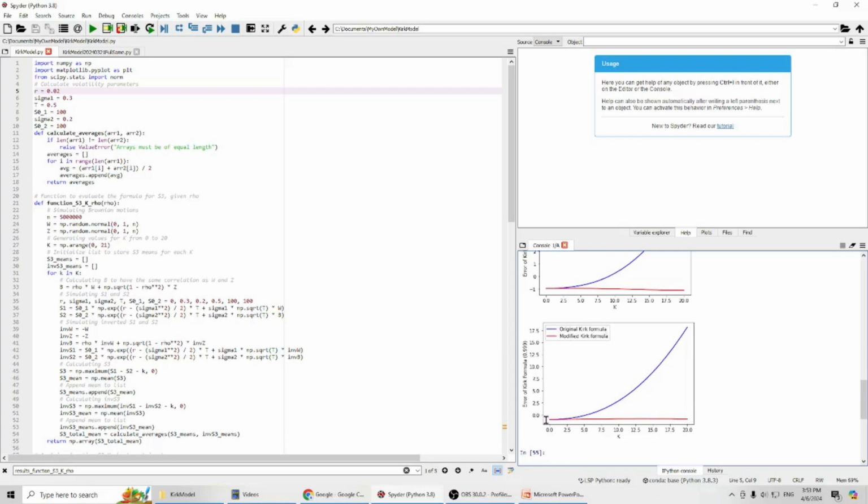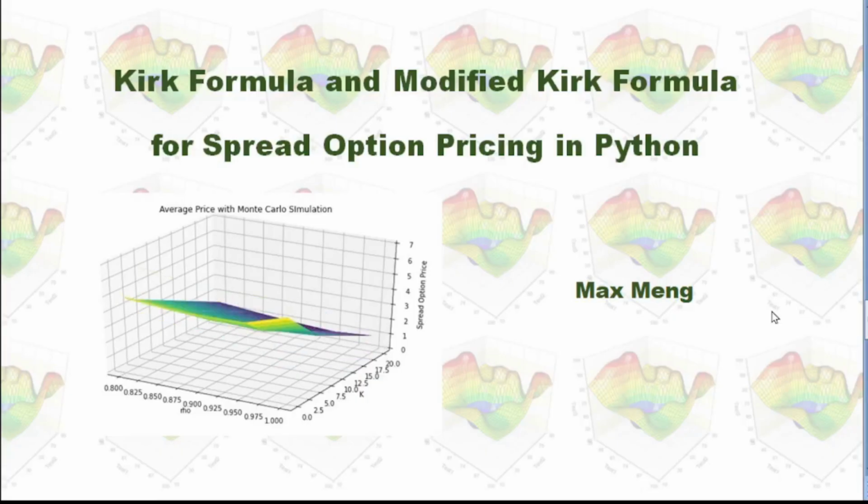The error will keep increasing when the strike price is larger. This is how you can calculate spread option price with the Kirk formula and modified Kirk formula.